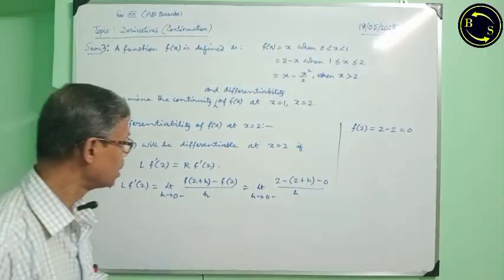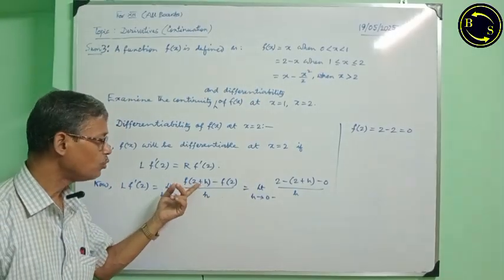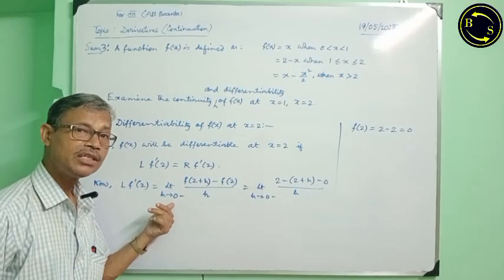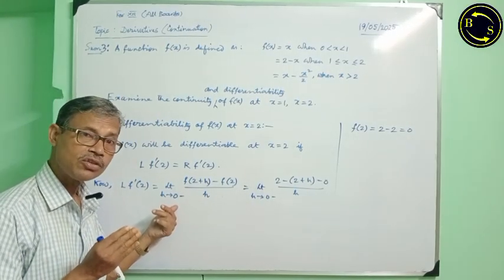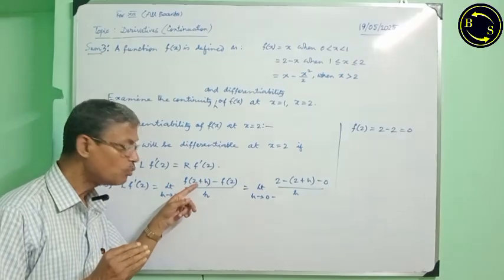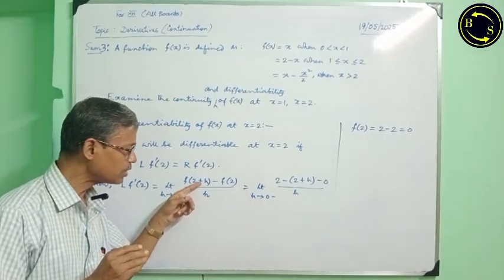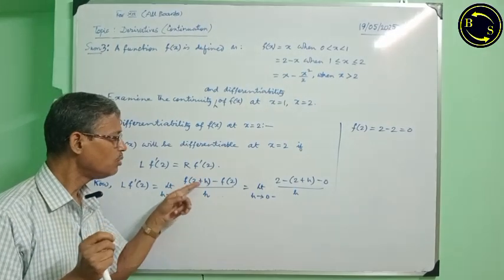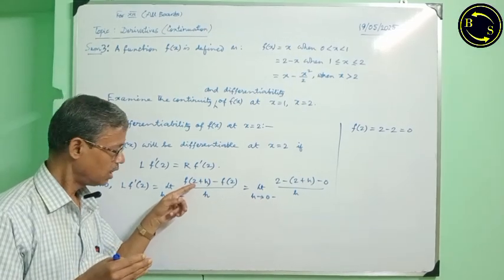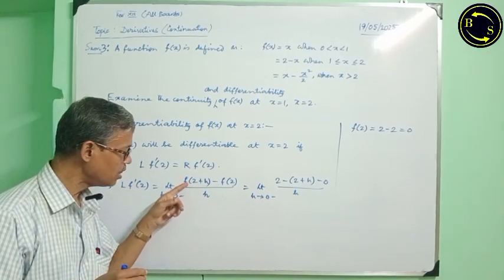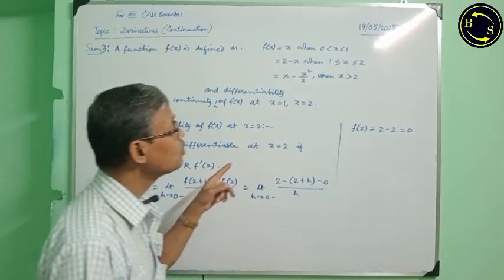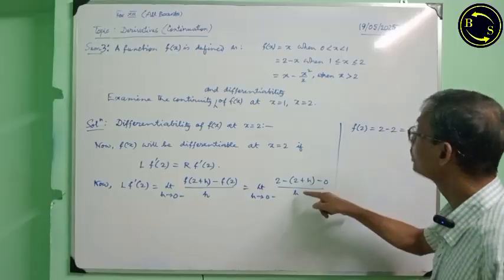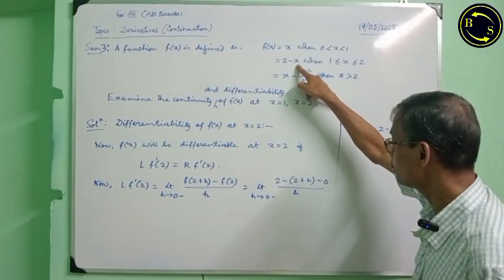Note carefully, students. Numerator is f(2 plus h) minus f2, and h tends to 0 minus, that means h is just less than 0, means negative. That means 2 plus a small negative number will be less than 2 finally. For that, to determine the value of f(2 plus h), we have to use this condition, 2 minus within brackets 2 plus h.